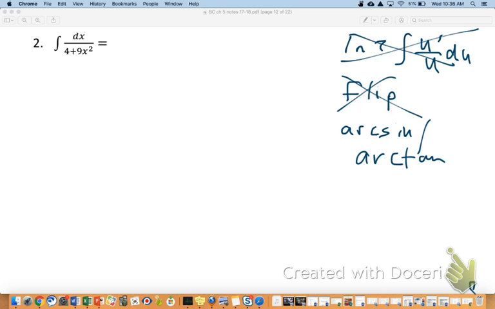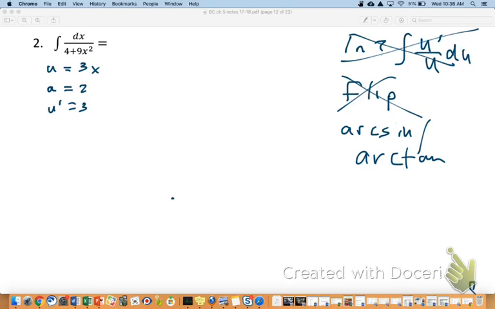So then, I don't know how this went for you guys. I'm looking at the top there. I'm thinking the top should be 6 instead of 1, right? It should be u prime a. If it's going to be arctan, u would be 3x. A would be 2. U prime would be 3. U prime is 3, a is 2. In order for this to be arctan, the top has to be u prime a, and u prime a is 6.